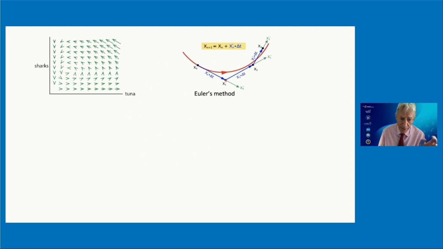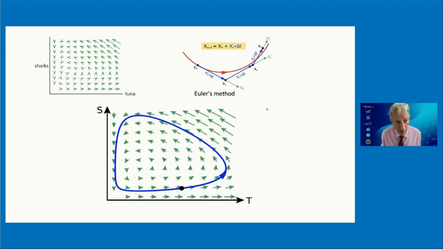That puts you at a new point, re-update, evaluate the change arrow there, follow it for a very short time. And in that way, you approximate the trajectory that is predicted by this change vector equation.